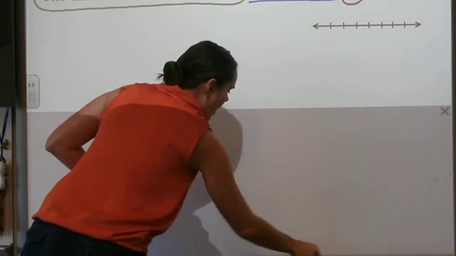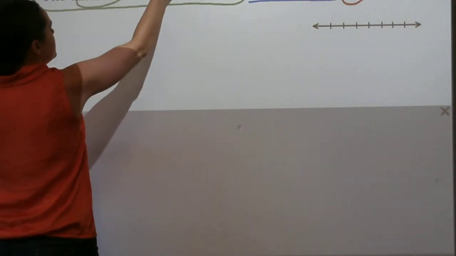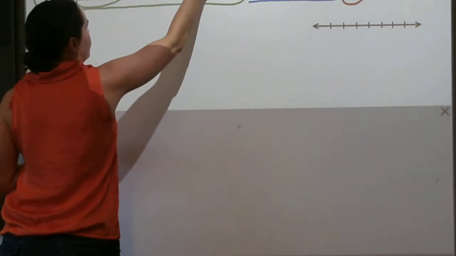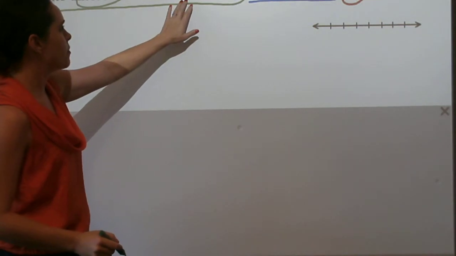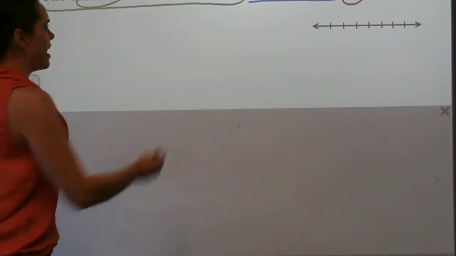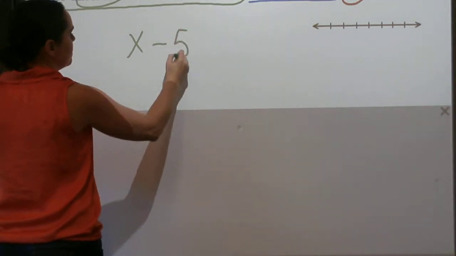Okay? So for the difference of a number and 5, I need to write this expression. The difference indicates that we will be subtracting. Okay? So I need the difference of a number and 5. Now because I've used the word difference, I am going to write my number, which we don't know, so I'm going to give it a variable x less 5, right?